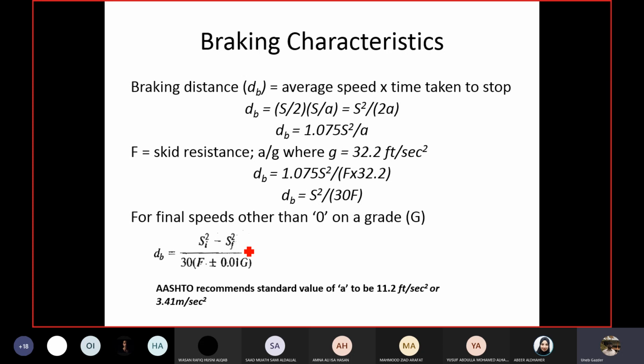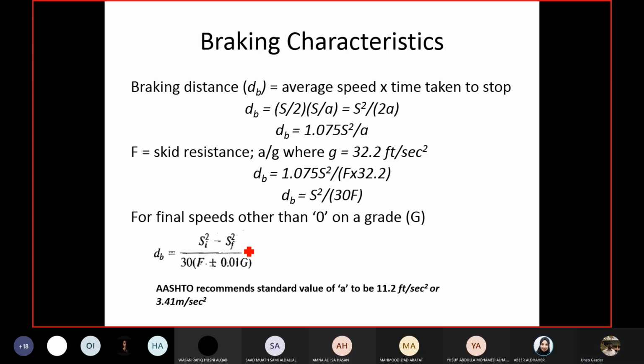I haven't seen any equation for braking distance in which the braking system of the car is taken into account. What I can say at this point is we are considering F, and F has a, the deceleration rate, as well.